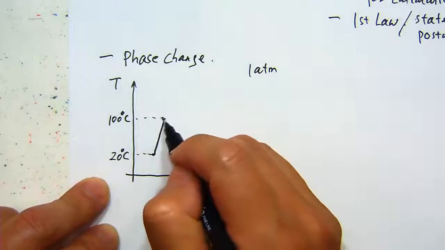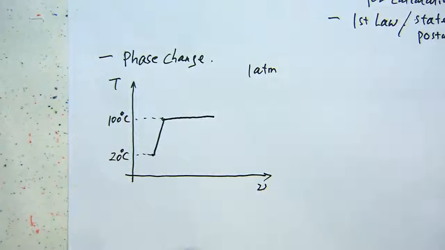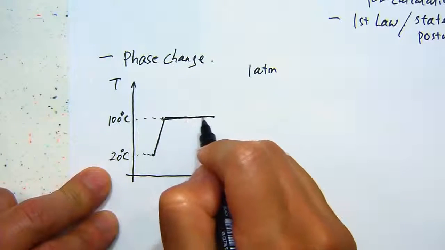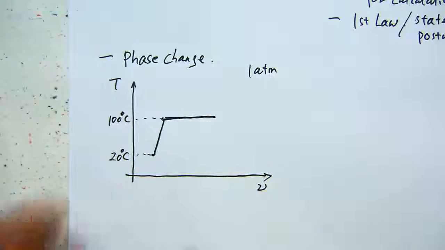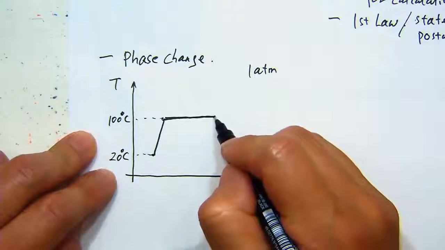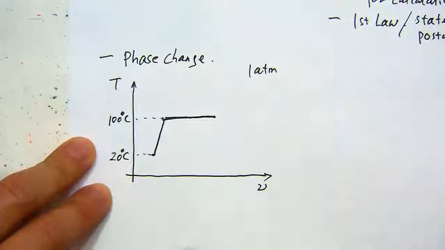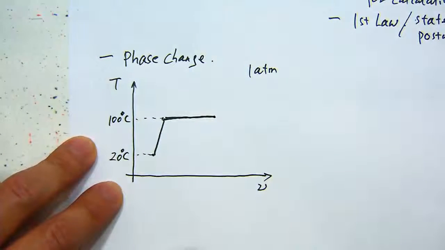A horizontal line, which means the temperature does not change as long as the pressure does not change. So it will be a horizontal line, make sure this is horizontal. All right. Then the end of it will be when all the water turns into vapor. Right. So that's the end of it, and after that it will be steam.